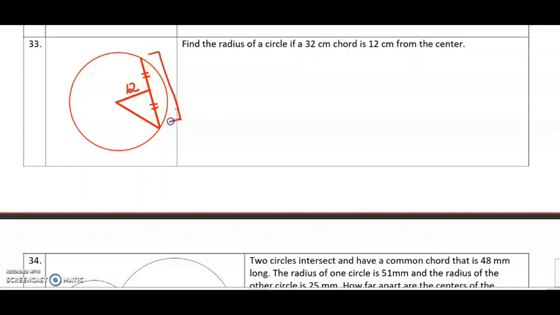That whole distance is 32. If a radius is drawn perpendicular to a chord, it bisects it. So I have a 12, 16, and the radius that I need. If I factor a 4 out, my radius is 20.